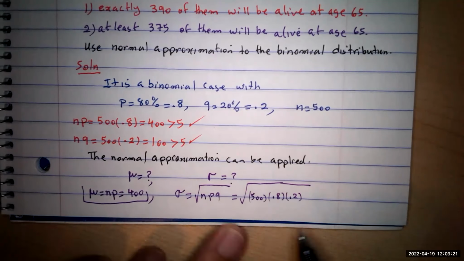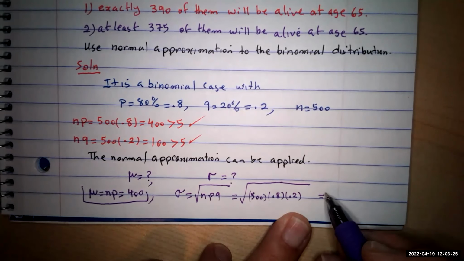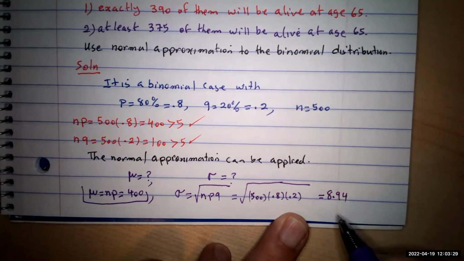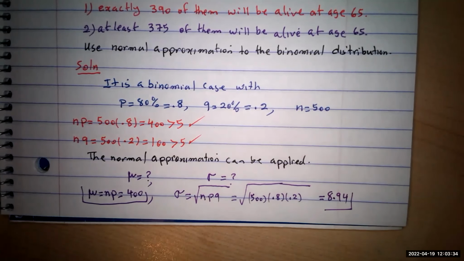If you use your calculator and take the square root, that should give you 8.94. Double check it, because these are very, very important numbers. Now we are out of the binomial case. So you have a normal case with mu equal to 400 and sigma equal to 8.94.